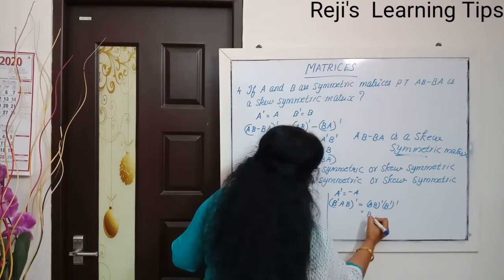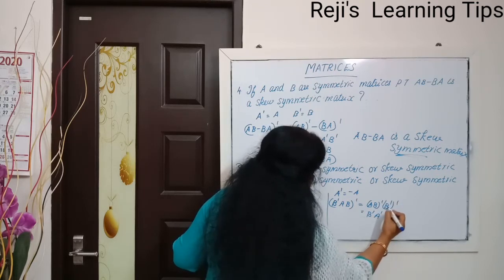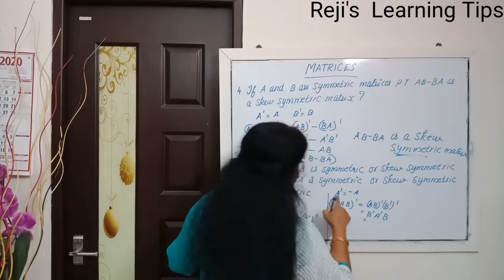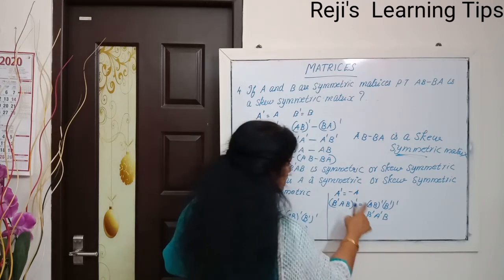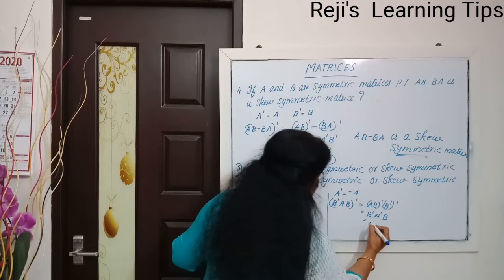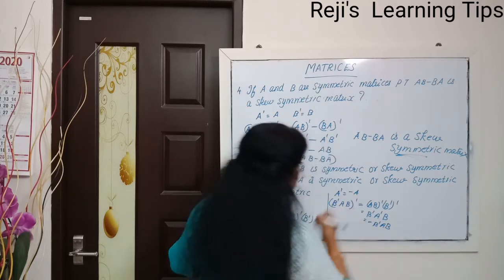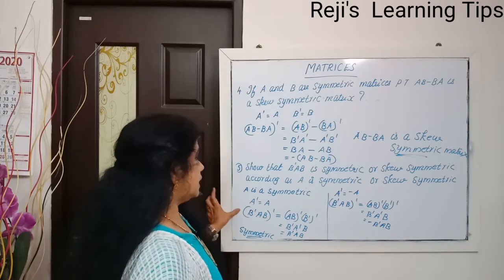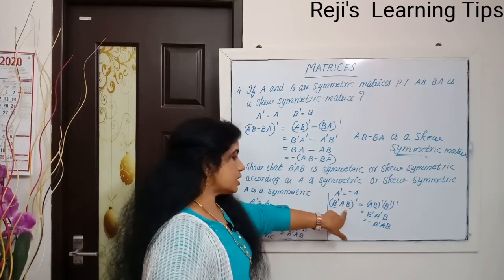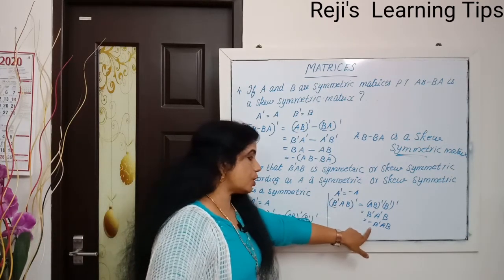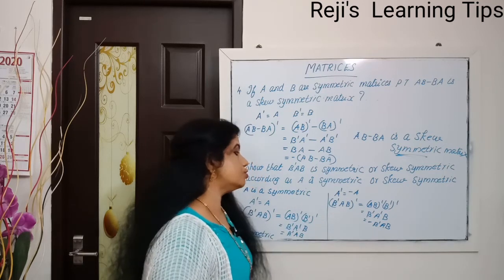That is B transpose into A transpose into B. We know that A transpose is equal to minus A, so we write minus A here. So (B transpose AB) the whole transpose is equal to minus of B transpose A B.